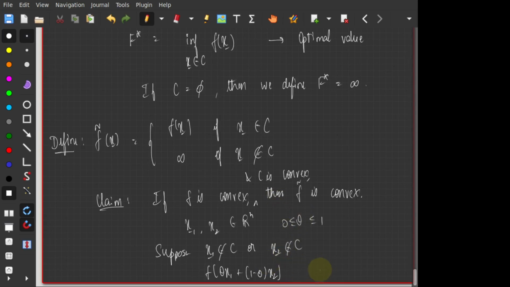On the other side, I have theta f of x1 plus 1 minus theta f of x2. And I know that either x1 or x2 is outside C. So what can you say about the right hand side? It's infinite, right? It's irrelevant what the left hand side is. Whether theta x1 plus 1 minus theta x2 is in C or not in C, doesn't matter. This is always less than or equal to the right hand side, because the right hand side is infinite.